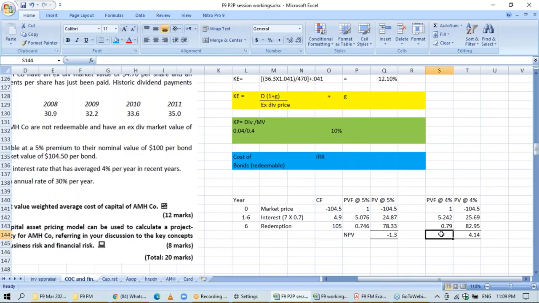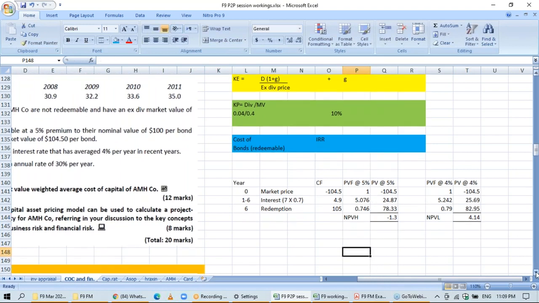So we get two NPVs, right? NPVL is the NPV at the lower rate, which is 4%, and one is the NPV at the higher rate, which is 5%. So what's the formula for IRR?